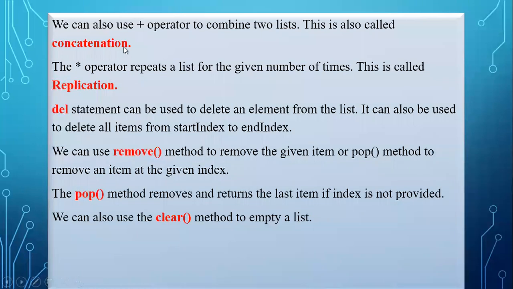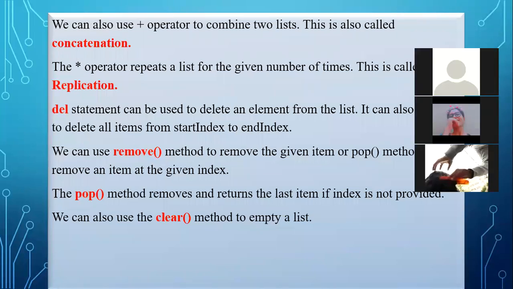If you want to combine two list items together, we can use the plus operator, and that process is called concatenation. And the star operator is used to repeat a list for a given number of times. That operation is called replication.